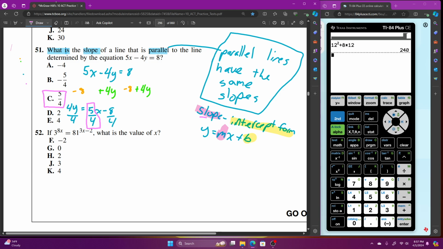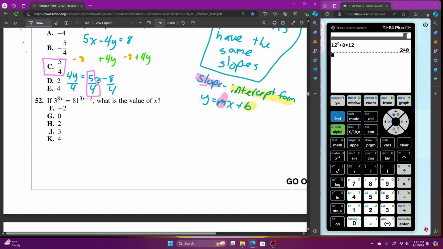Then we can keep going on to question number 52. It says, if 3 to the power of 8x equals 81 to the power of 3x minus 2, what is the value of x? Well, what do we know about 81?